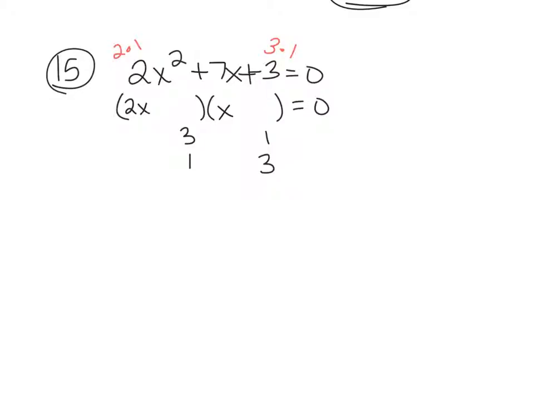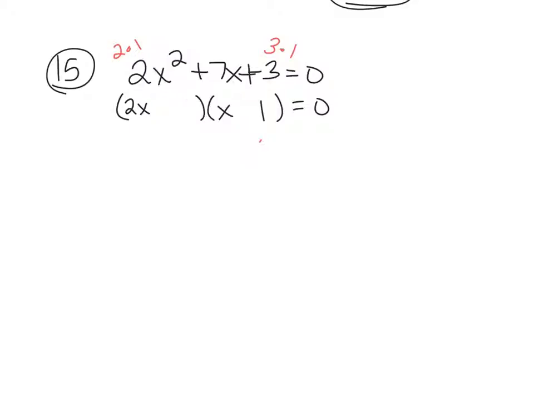So let's put 3 here and 1 here. What you need to look for are the extremes. So 2x times 1 would be 2x, and then 3 times x would be 3x. When we add those together, we're not going to get 7. So this was not the correct placement.